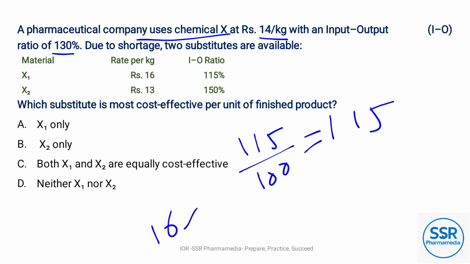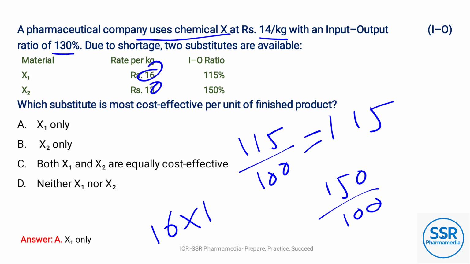So 16 into 1.15. Same like that, 150 divided by 100, you will get 1.50. You will get some amount; you have to multiply with this value. So according to that, the answer is A. X1 is the only cost effective one.